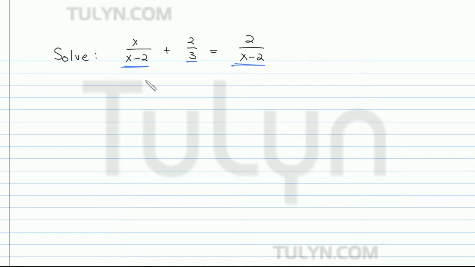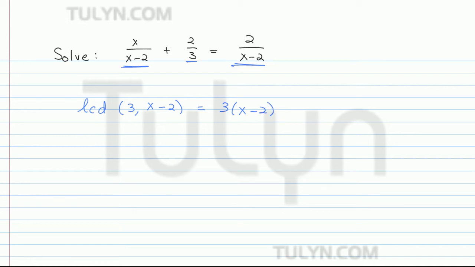So what we have to do is multiply both sides of the equation by the LCD, which is going to get rid of the denominators. So first, finding the LCD of each of the denominators, which are 3 and x minus 2. The LCD of 3 and x minus 2 is just 3 times x minus 2.